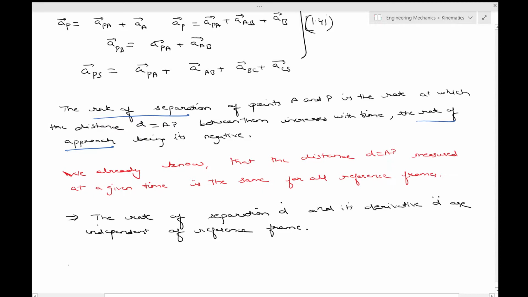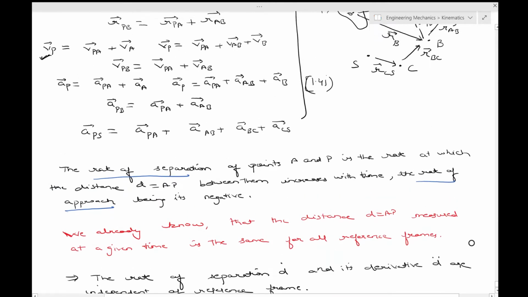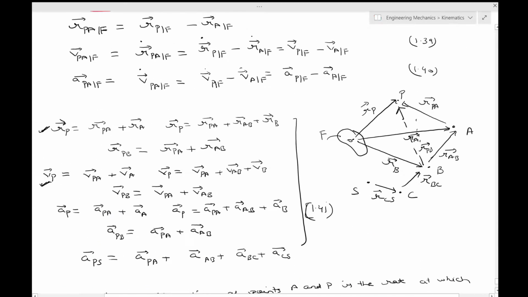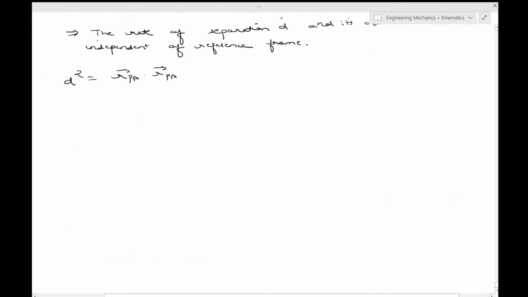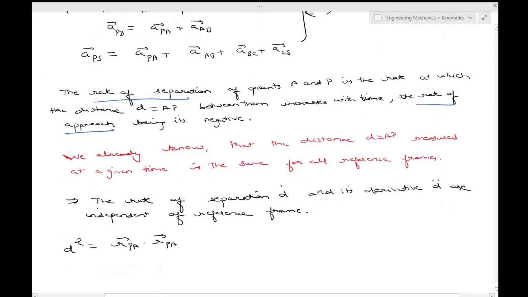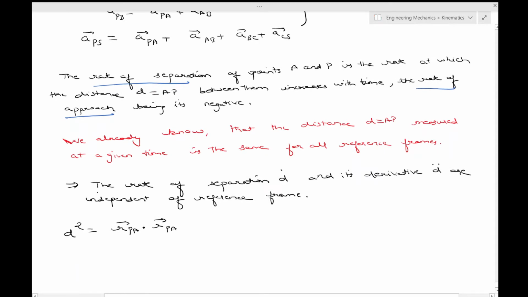Let's see. D over here can be said to be, d square is RPA dot RPA. You can see what RPA is. It's the relative separation between the point P and A, this one. So the square of the distance is d square is equal to RPA dot RPA. Now one can differentiate both sides of this with respect to time, and then apply the chain rule of differentiation.